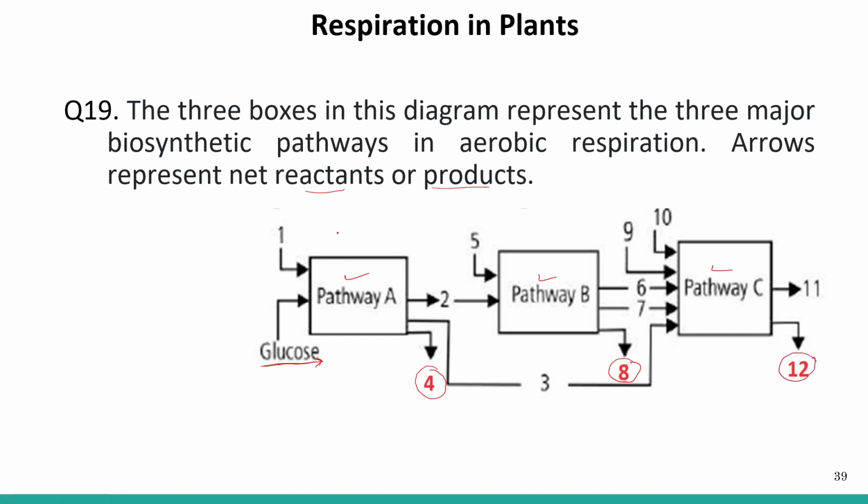Pathway A we can say is glycolysis because it starts with glucose. Pathway B, after glycolysis, is the Krebs cycle. And pathway C should be oxidative phosphorylation, or you can say electron transport chain, or terminal oxidation.